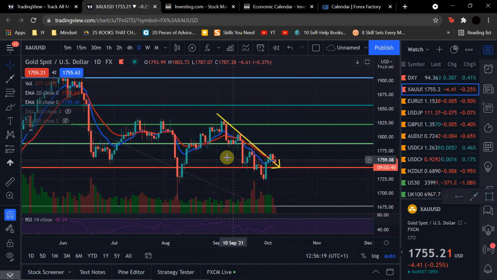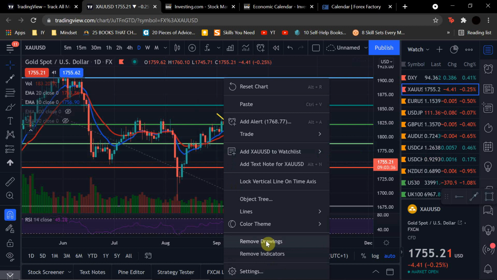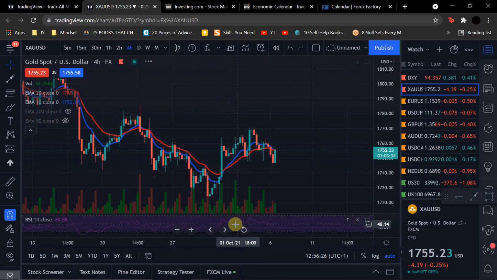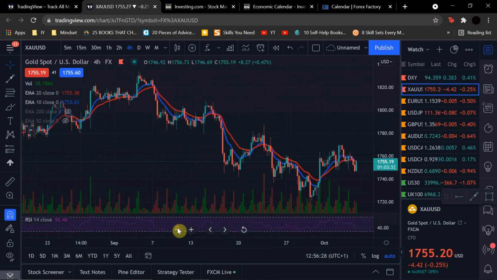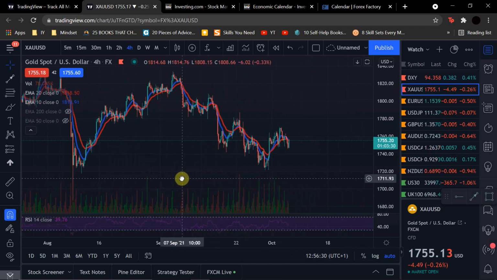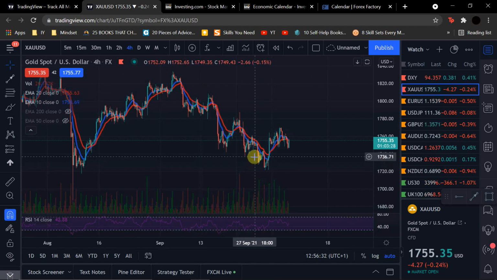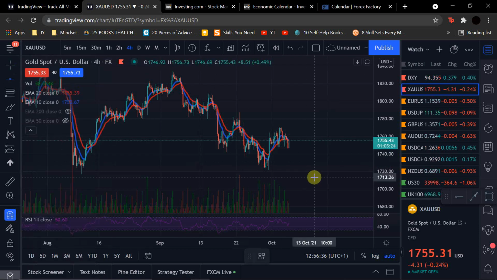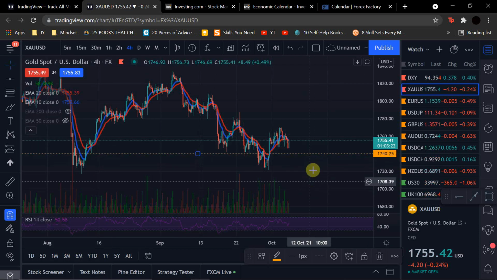The only thing I'm worried about maybe is that I should do this on a 4-hour chart. Which areas are quite important? Price has reacted to this area 100%. You can see it clear as day.